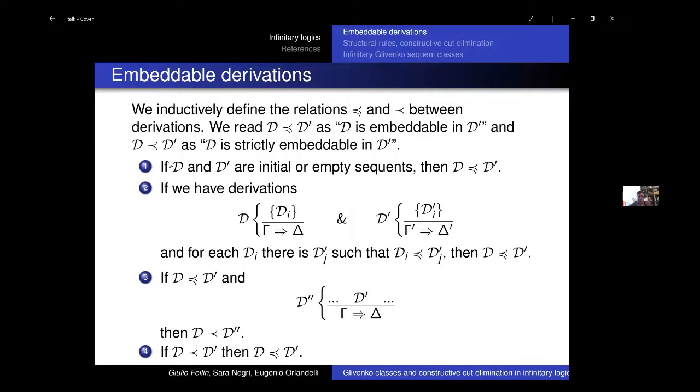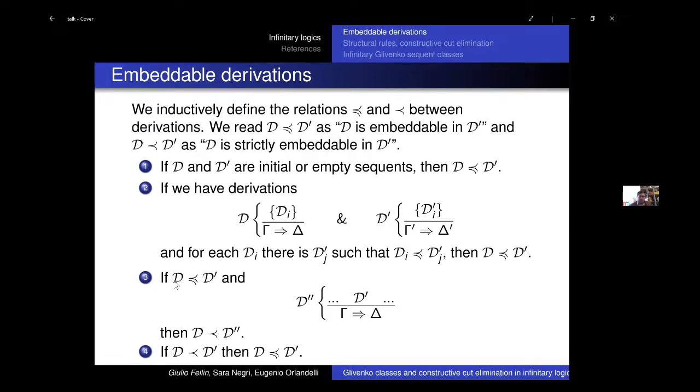By these four clauses, if D and D prime are initial or empty sequents, then one is embeddable in the other. If we have two derivations this way, and for each branch of the first derivation there is a branch of the second derivation into which the first is embeddable, then the first derivation is embeddable in the second derivation.